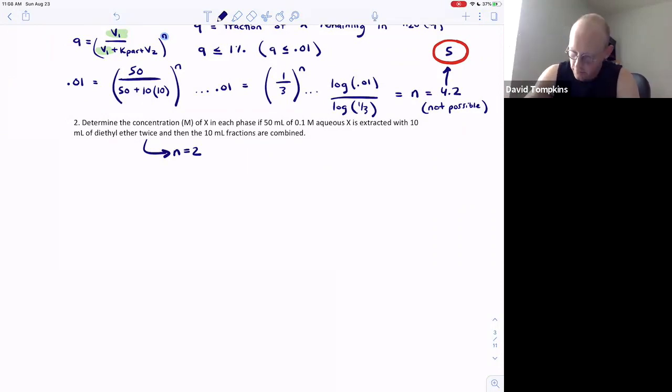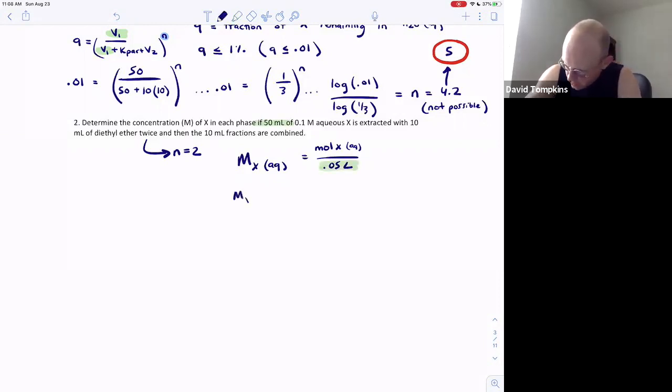And then, of course, you can say the molarity of X in the aqueous phase will be the moles of X aqueous divided by the volume aqueous. And that volume is 0.05 liters, or we have 50 mils.